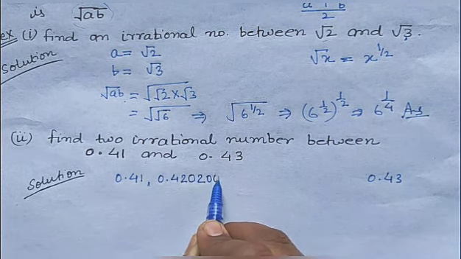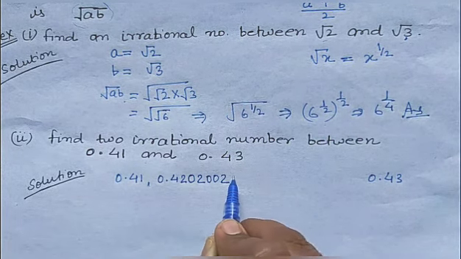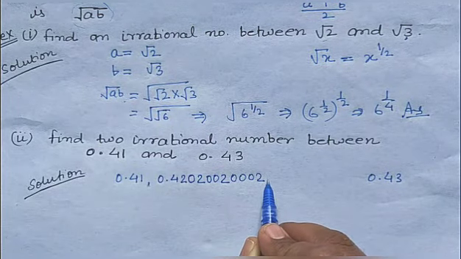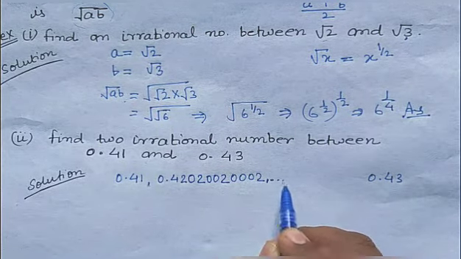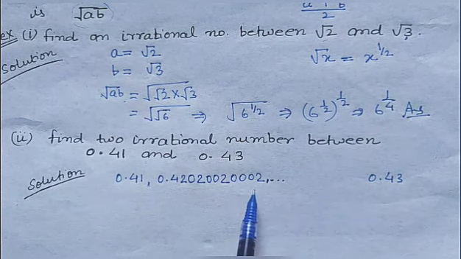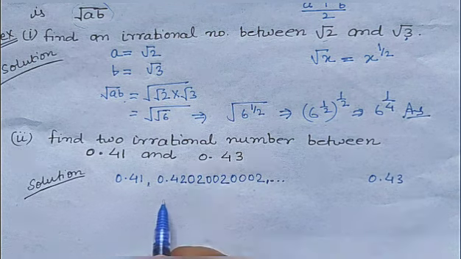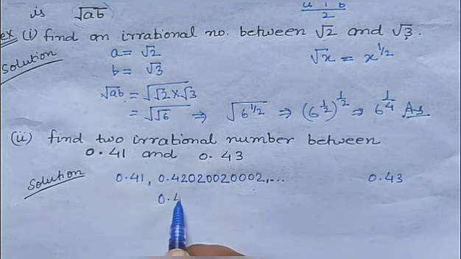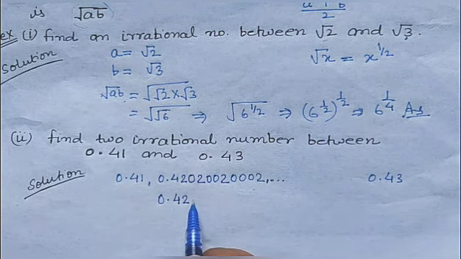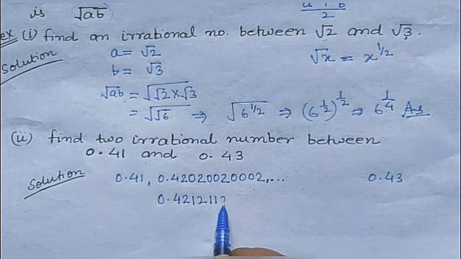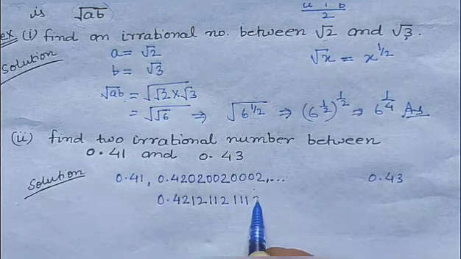Now increase the number of 0s: 002, again increase the number of 0s: 0002, and so on. This type of number will be an irrational number. One more number you can write is 0.4212, then increase the number of 1s: 112, 1112.